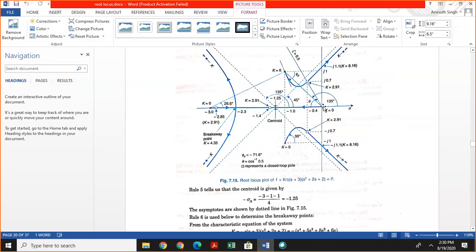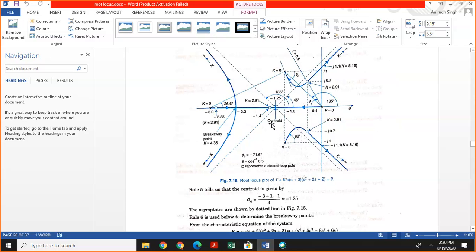First we discuss the pole-zero plot: 0, minus 3, minus 1 plus j and minus 1 minus j. Root locus starts from these open loop poles with k equal to 0.